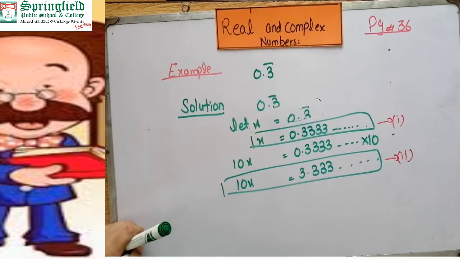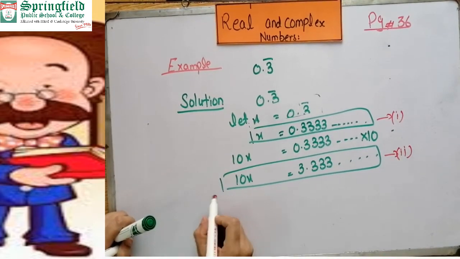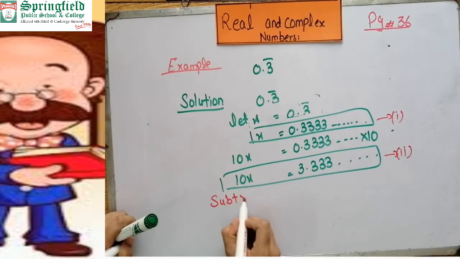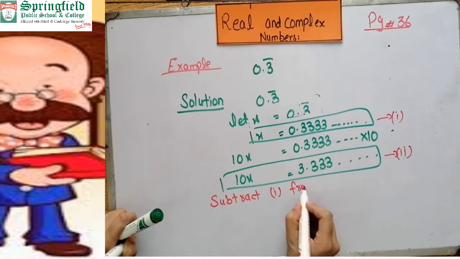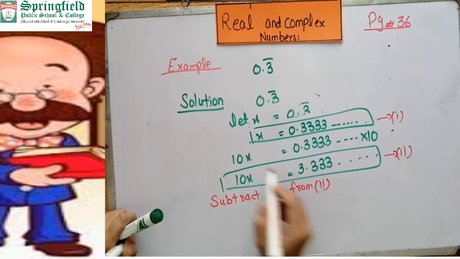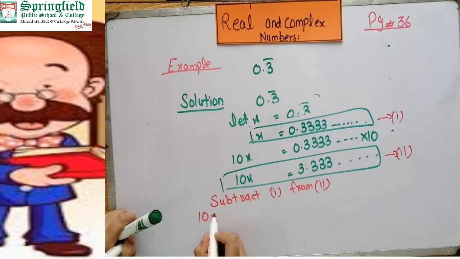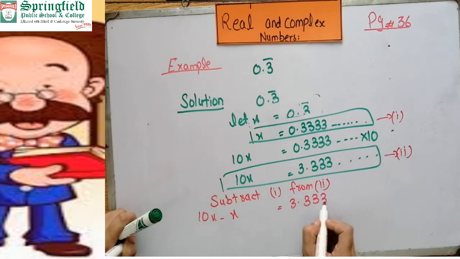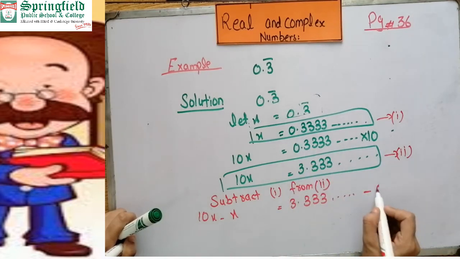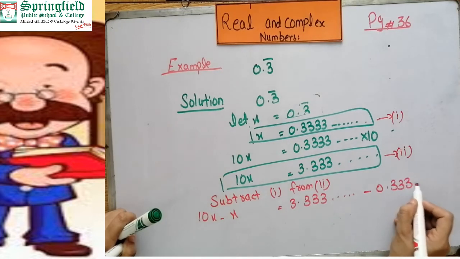Now subtract 1 from 2. What will be the answer? First write on the left side, 10x minus x is equal to 3.333 and so on, minus 0.333 and so on.